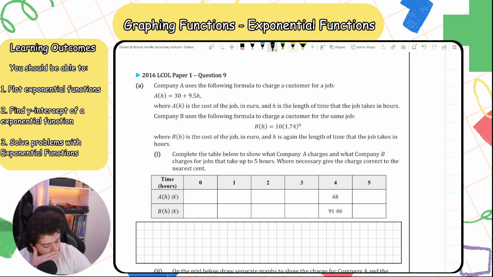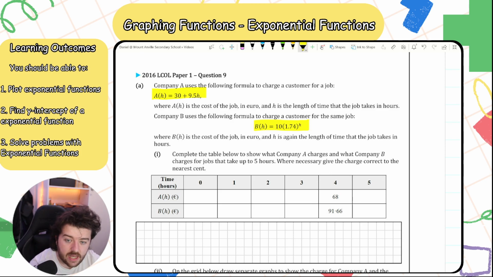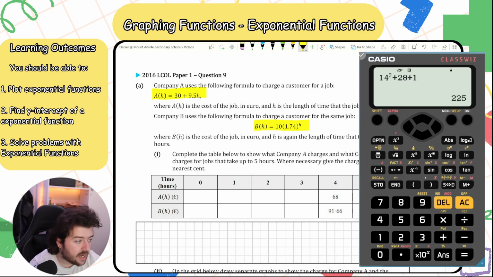So that's company A, that's company B. Complete the table below to show what company A charges and what company B charges for a job that takes 5 hours. Where necessary, give the charge correct to the nearest cent. So a table of values, easy peasy, lemon squeezy.